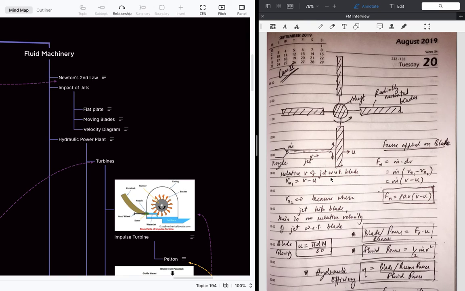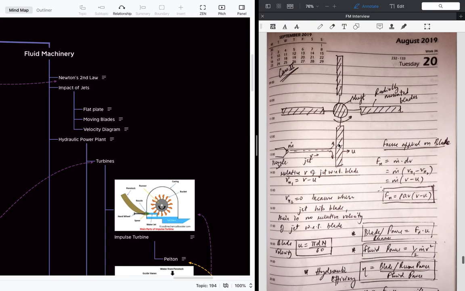For this case, we have to consider some reference, so we make this blade the reference, meaning the velocity will be zero here. Then mass flow rate times the change in velocity, Vx1 minus Vx2, with Vx2 zero and Vx1 equal to V minus u, gives a total force of rho A V times V minus u.